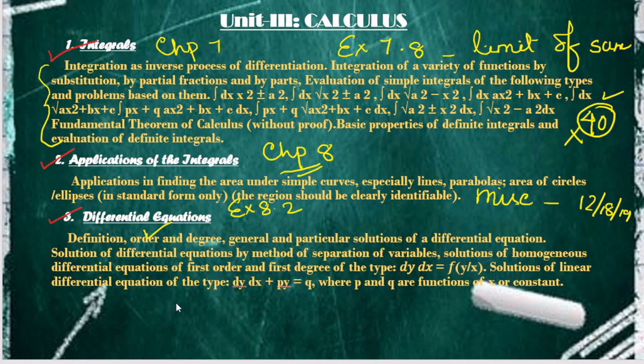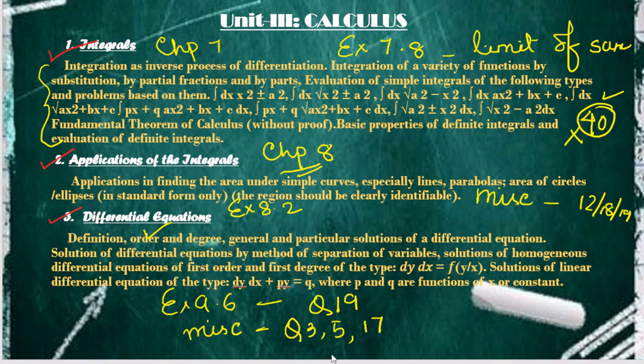Only a particular type of differential equation has been removed. Only question number 19 has been removed, and from the miscellaneous exercise, question number 3, question number 5 and question number 17 has been removed.